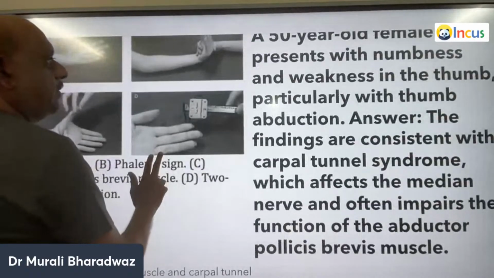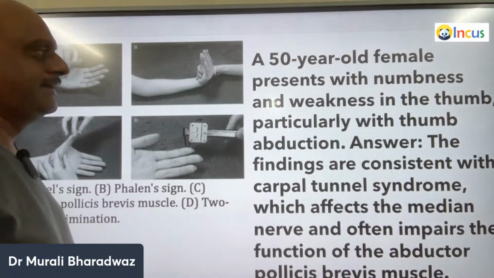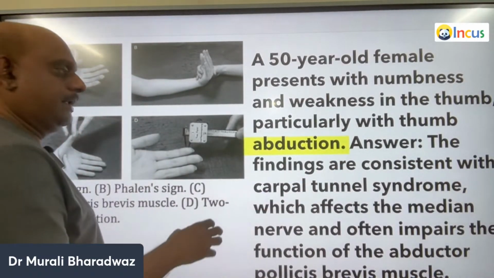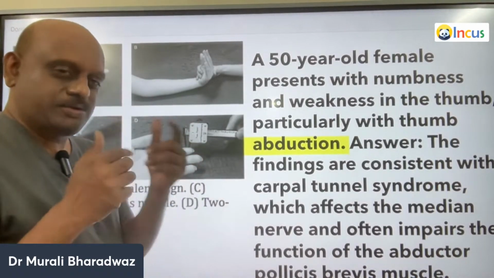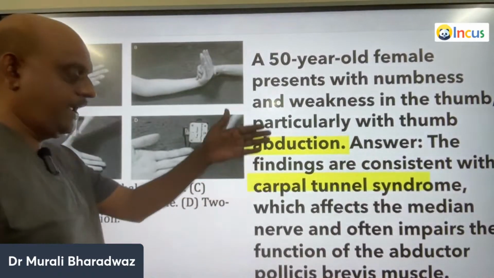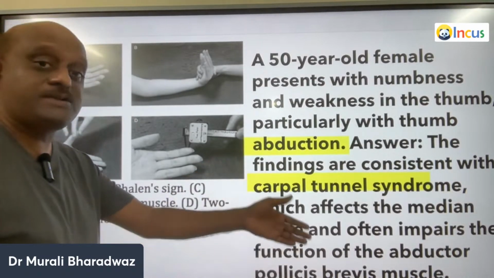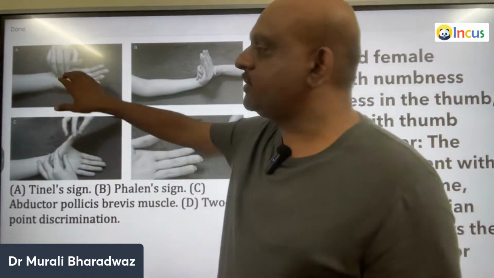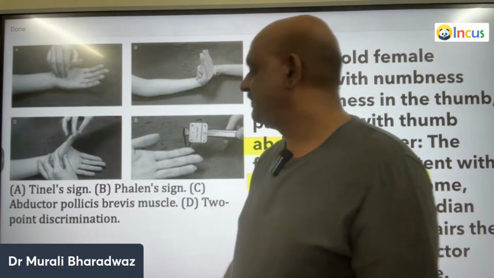Now, a 50-year-old female presents with numbness and weakness in the thumb, particularly when the thumb is abducted. It is consistent with median nerve injury. Thumb abduction is associated with the median nerve. So carpal tunnel syndrome, which affects the median nerve that innervates the abductor pollicis brevis muscle, is what you need to remember. The various tests: when you are tapping and pain is reproduced, that's called Tinel's sign.